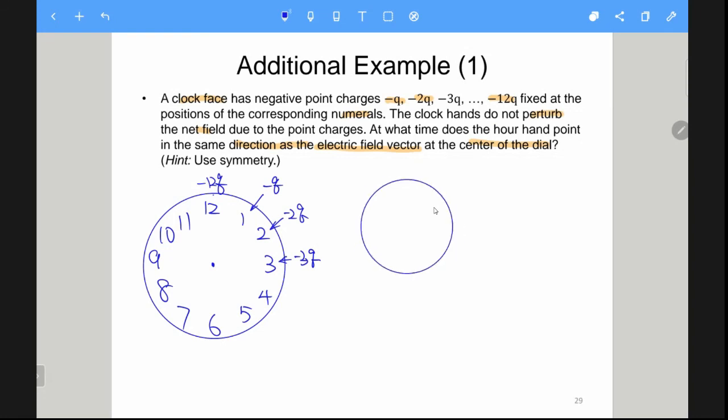Okay. So first of all, we have 1 and 7. So we have a negative Q and negative 7Q. So it turns out to be, for this negative Q, it generates the E field pointing to this 1.